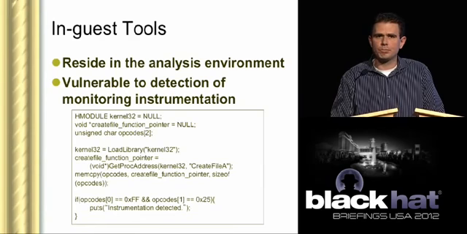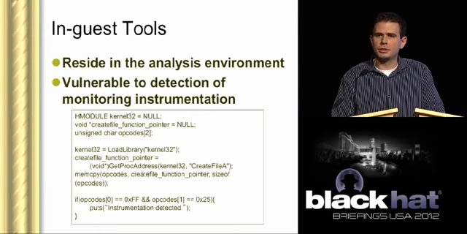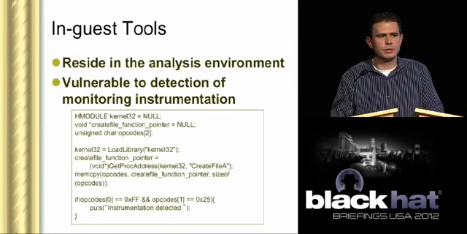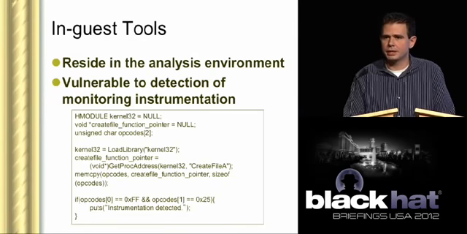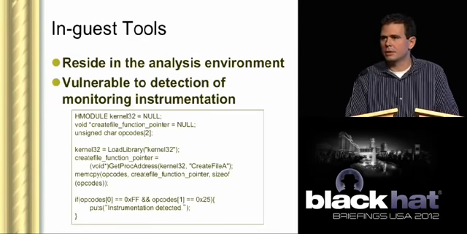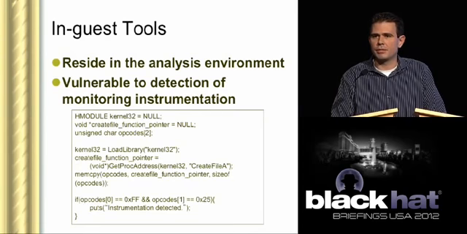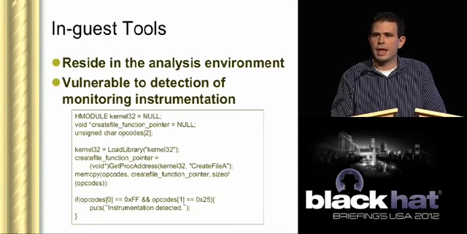If you perform one of the most straightforward implementations of, say, Windows API hooking, what you will do is use the Windows debugging API to receive notification of DLL load events. And when you receive that notification, and again, that's a DLL being loaded into the malware sample as it's executing, you will look at the export table of that DLL, and you will go to each of those functions that have been exported and place an unconditional jump at the start of them that will trampoline into a patch of analysis code.